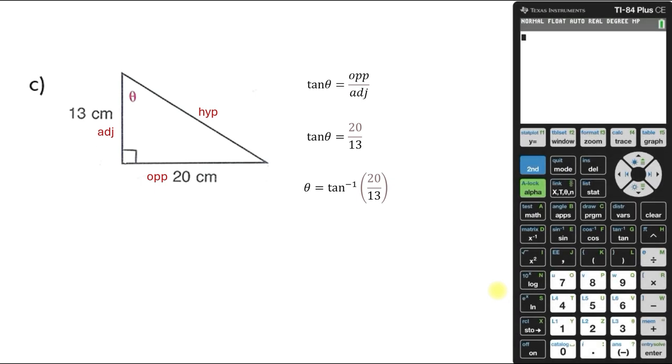Question 2c leaves us with the equation theta equals the inverse tan of 20 over 13. So we'll click second function, select tan, gives us the inverse tan, put in 20 divided by 13, close our bracket, click enter, and we're given an answer of 56.97, which will round to 57.